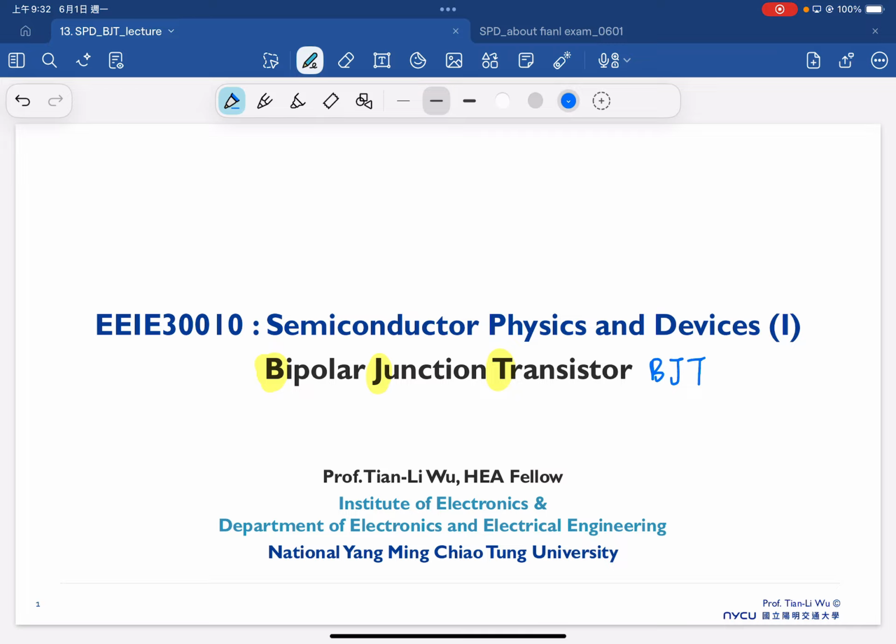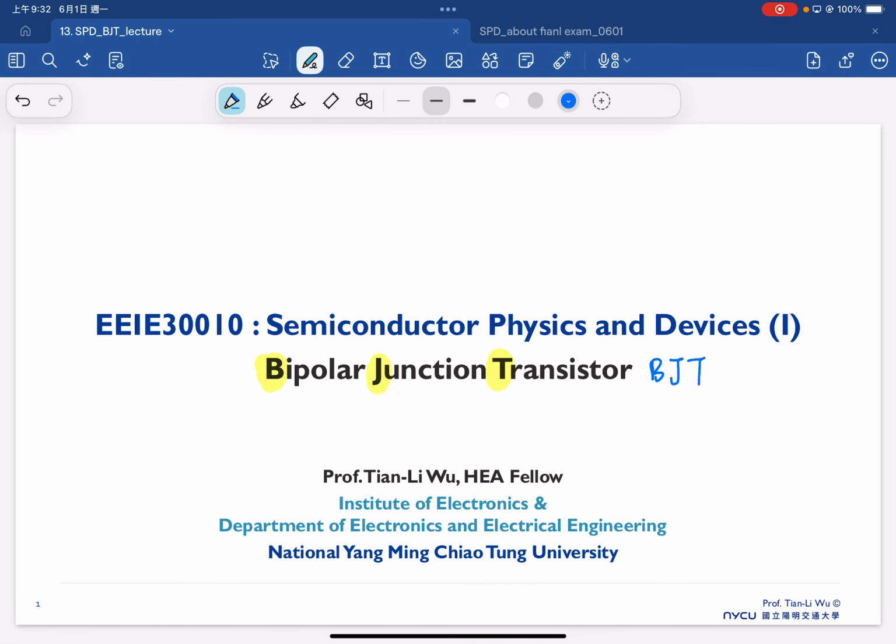So basically, as you can see from the name, this transistor is considered a junction, which means that we should have several junctions that combine with each other. So that's why we call it a junction transistor. But it's also considered bipolar.